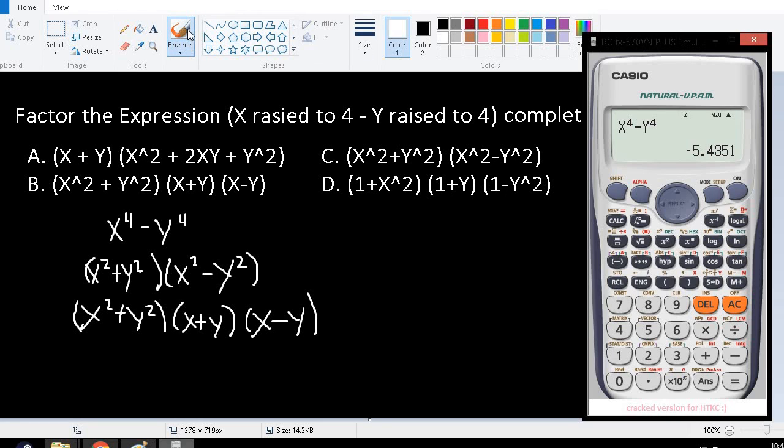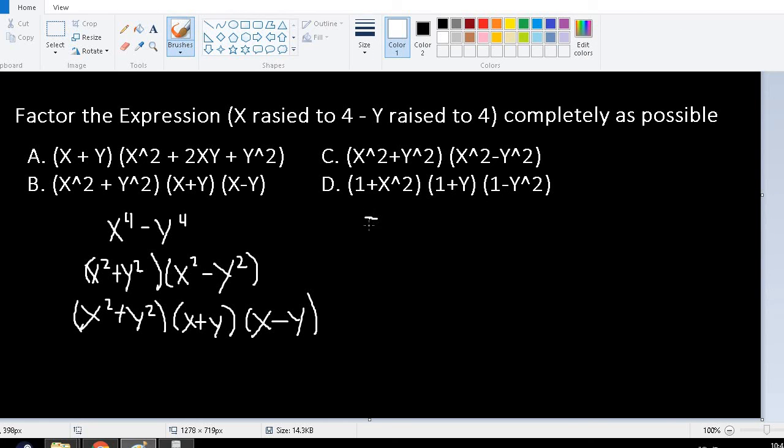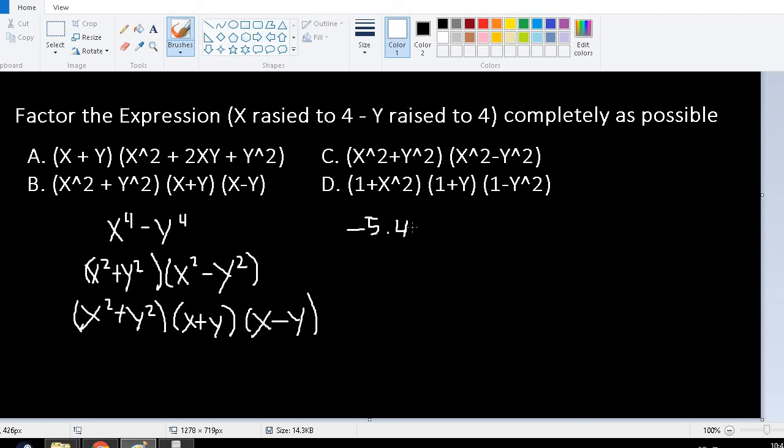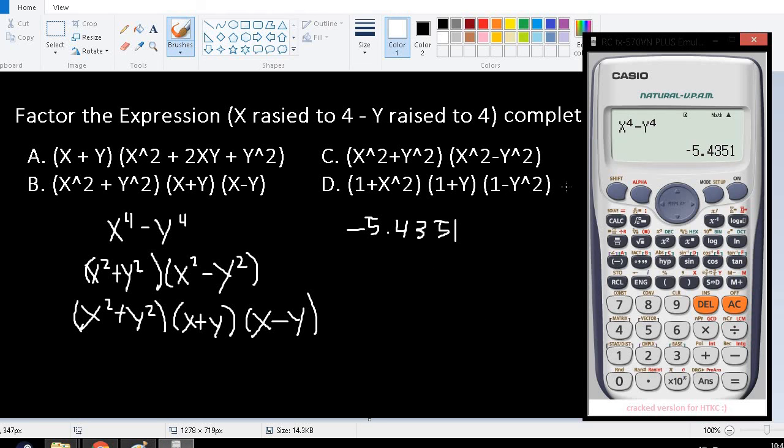I'm just going to write it down so we can remember: negative 5.4351. Now we input the choices and also assign the same values as the given.